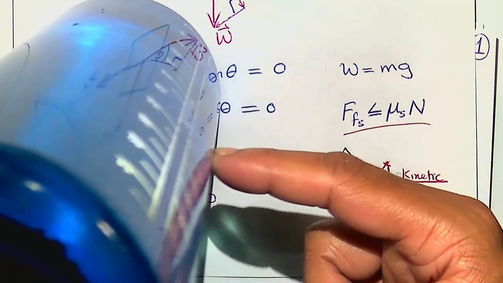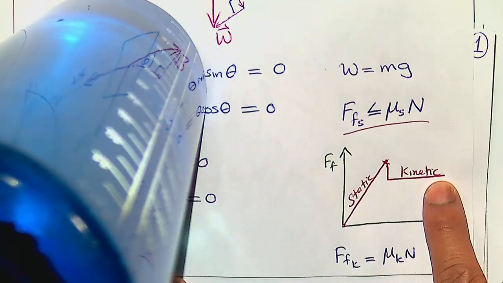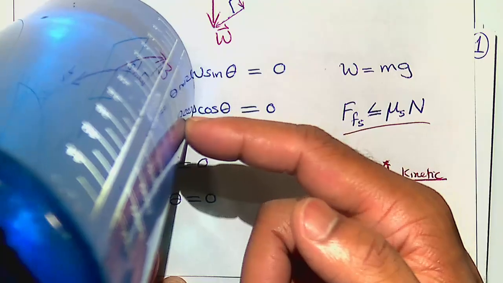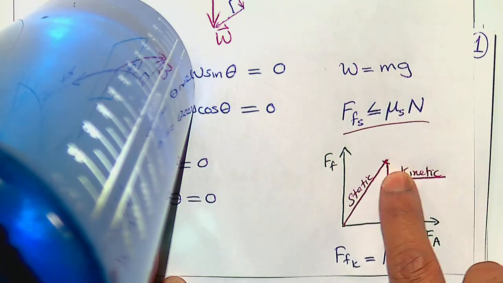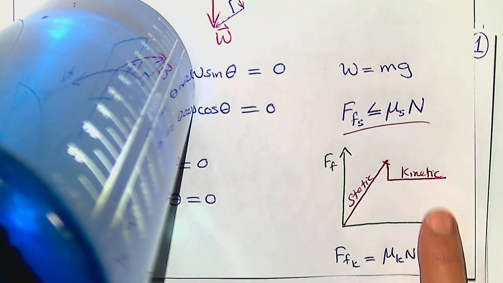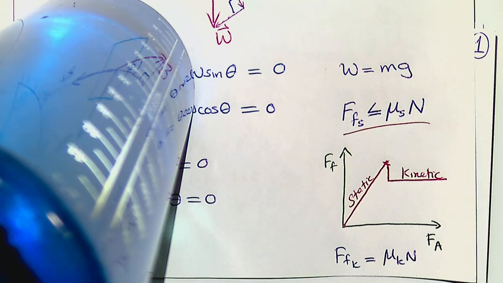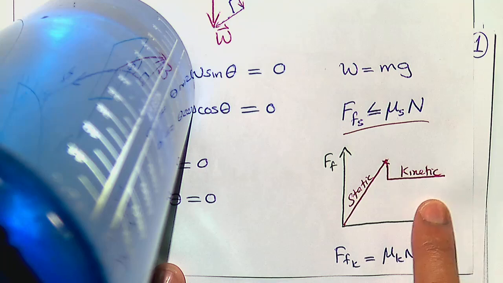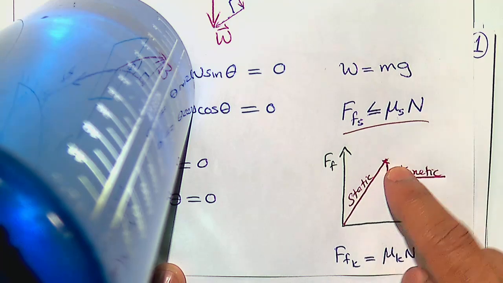But once it starts moving, you'll notice that it's actually easier to keep it moving than it was to get it to move in the first place. Especially with a heavy box on the ground, if you push, it feels like you're doing a lot, but once you get it to move, it's not as bad. That's because the kinetic friction is lower than the maximum static friction.